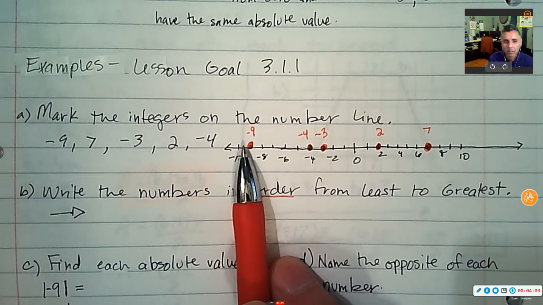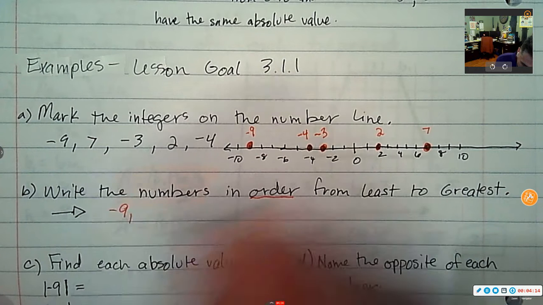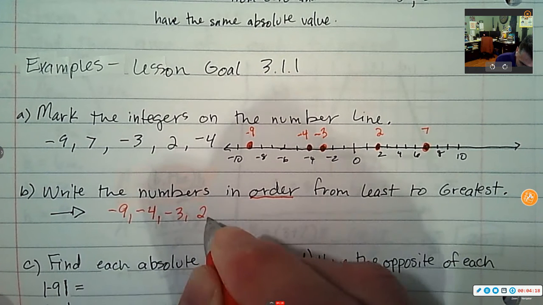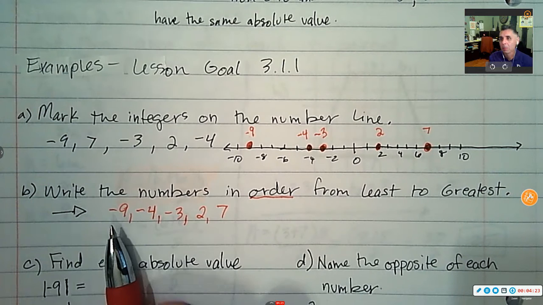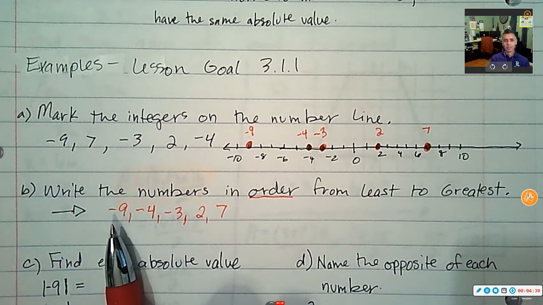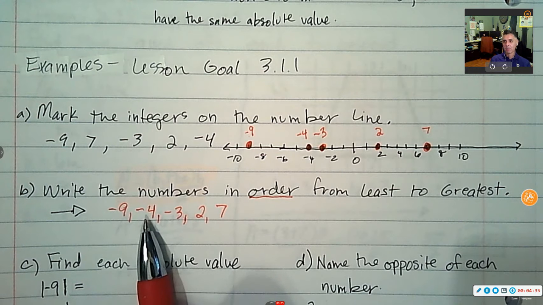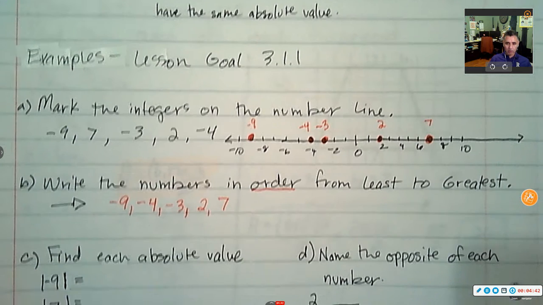So in order, the numbers would go like this: -9, then -4, then -3, then 2, and 7. -9, some students want to think of that as a big number. It's not a big number. It has little value. -9 is less than -4. So let me try to lower it a little bit more.